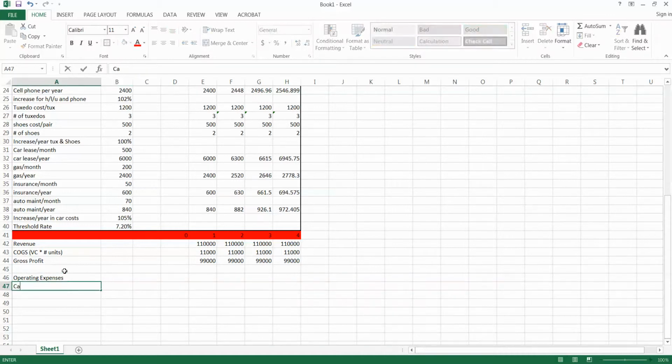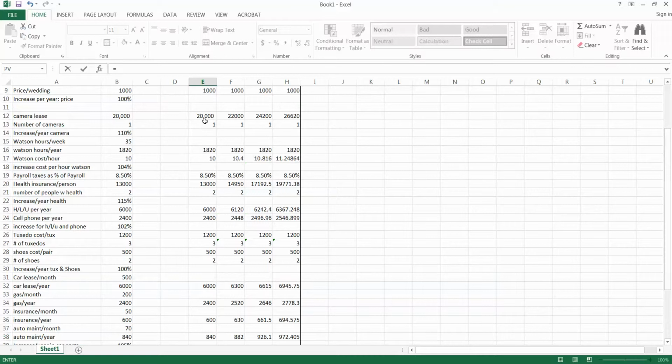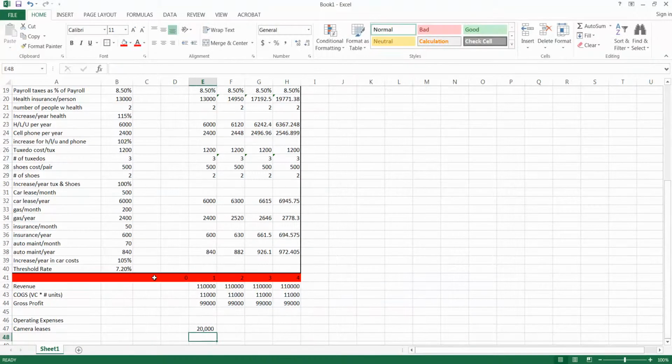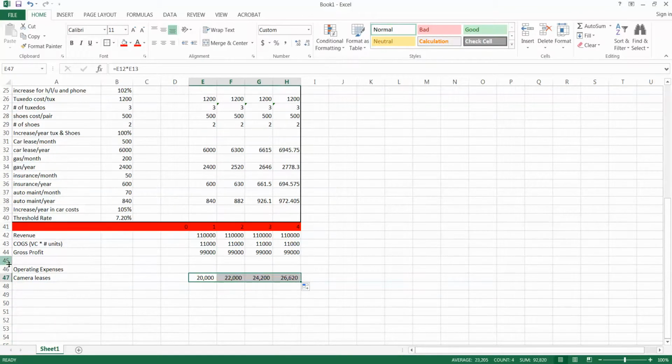Now let's do our operating expenses. First one we've got is our camera. And here we're going to pick up the cost of the camera lease, which is right up here, times the number, that's a star, times the number of cameras we have. And that will carry right across. And it works.